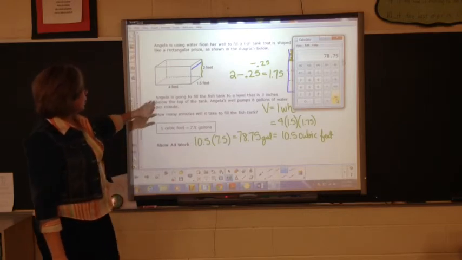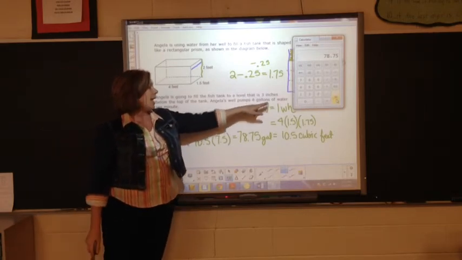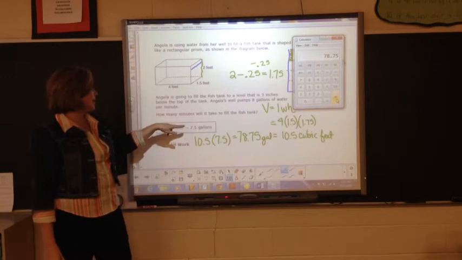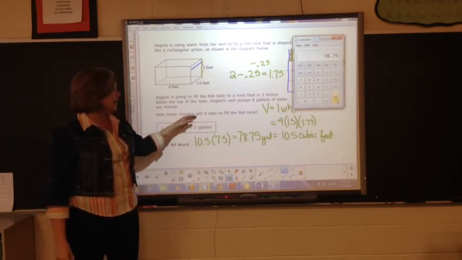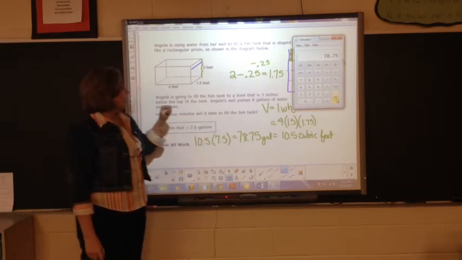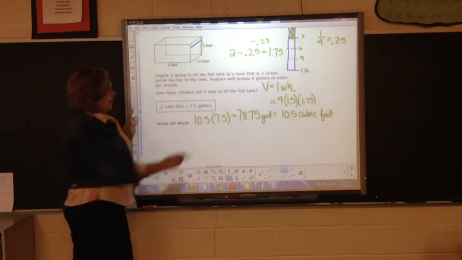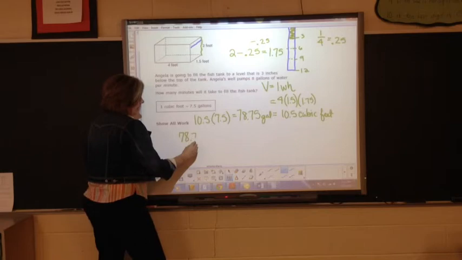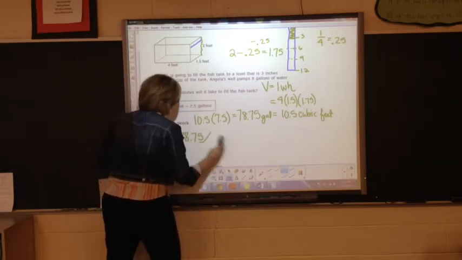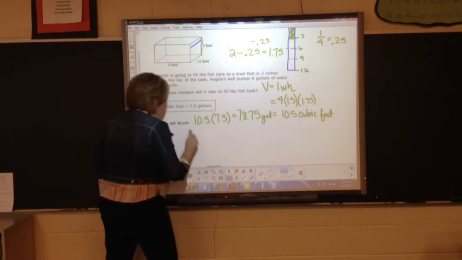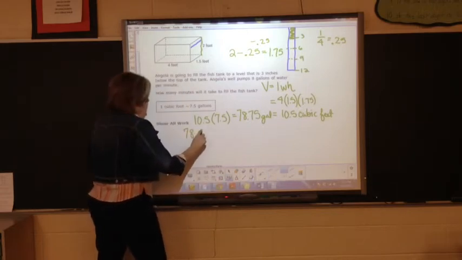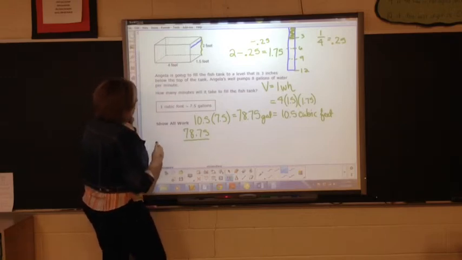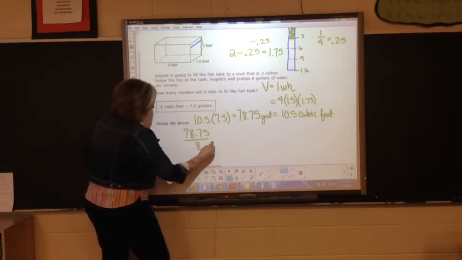Now the next part of the question says, Angela's well pumps 8 gallons of water per minute. How many minutes will it take to fill the fish tank? So I'm going to take my total gallons of water, 78.75, and divide that by 8 gallons.